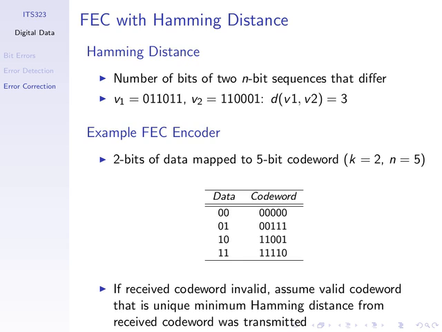Now that's just a general concept, it's not part of all error correction schemes, but it's what we're going to use in our example, forward error correction. What we do with forward error correction is that we take the data that we want to transmit, and instead of sending that data, we send a code word which represents that data. So we have some data to transmit.